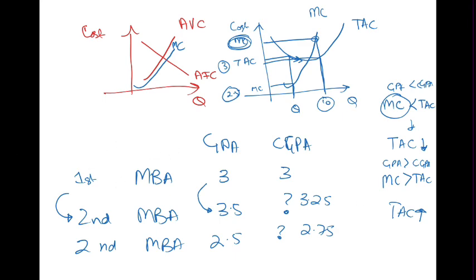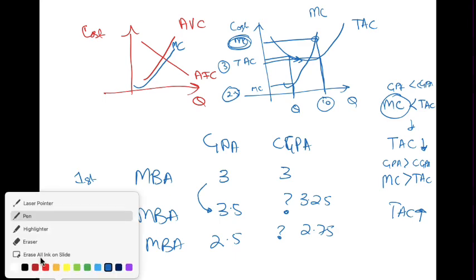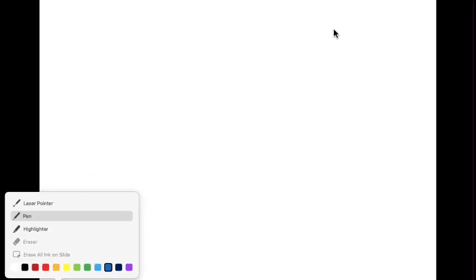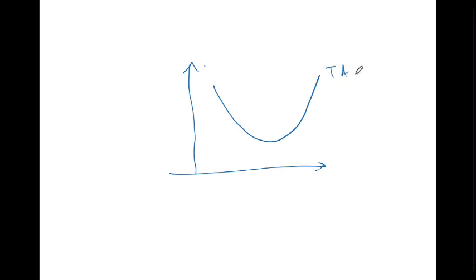So what we're basically implying over here is that the average cost curve is U-shaped, and the marginal cost curve cuts the total average cost curve at its lowest point.